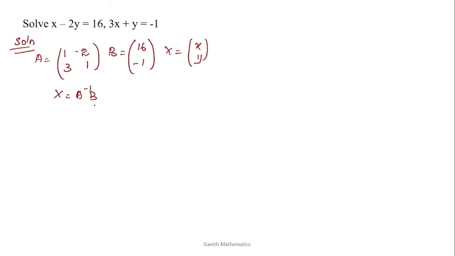So to find A inverse, you must first check whether the determinant of A can be found or not. If it is possible, only then can you proceed. So first find the determinant of A. The determinant of A has rows 1, 2 and 3, 1.